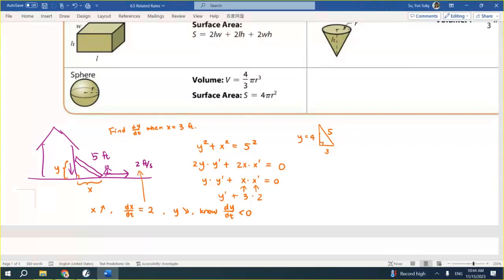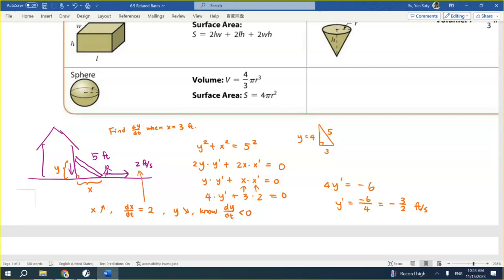Okay, and therefore this must be 4. And we set this equal to 0. So 4y prime is -6, right? And y prime is -6 over 4, so -3 over 2 feet per second.